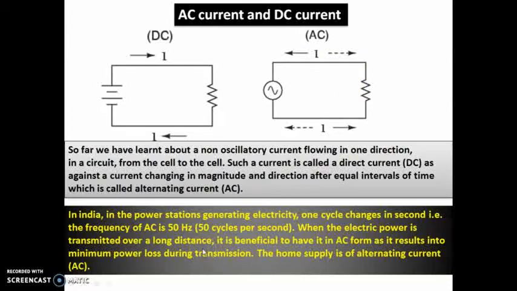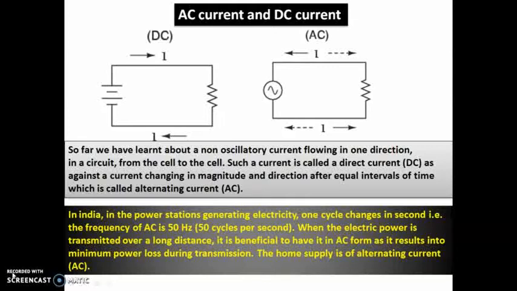In India we mainly use this AC type of current. Its frequency is 50 Hertz, and we use AC current because it changes its direction, so there is minimum power loss during its transmission. I hope you are clear about electromagnetic induction.